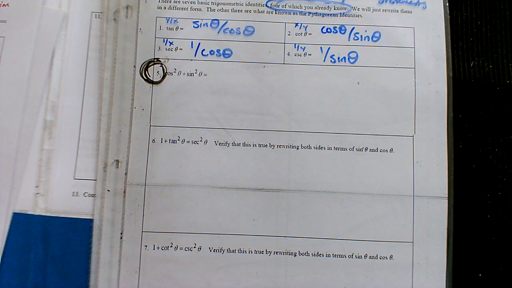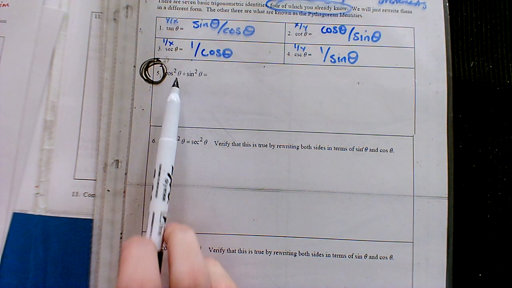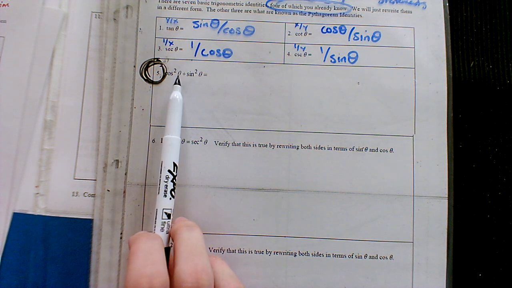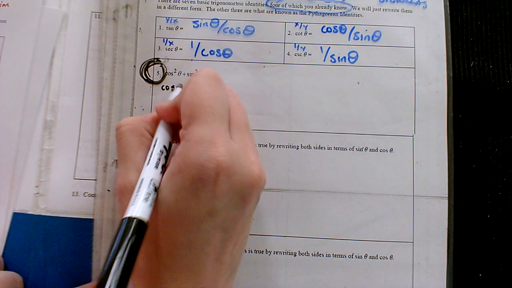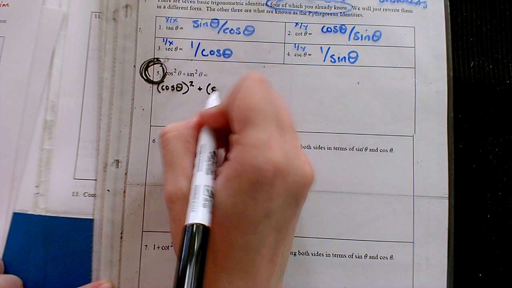We'll see how that connection is brought up in a second. But what we're going to try to figure out is if we were to take cosine squared plus sine squared. Do you notice how those 2's or squareds are written in kind of a weird spot for us? I want you to think about this the same way as if we were to take a cosine value and square it.